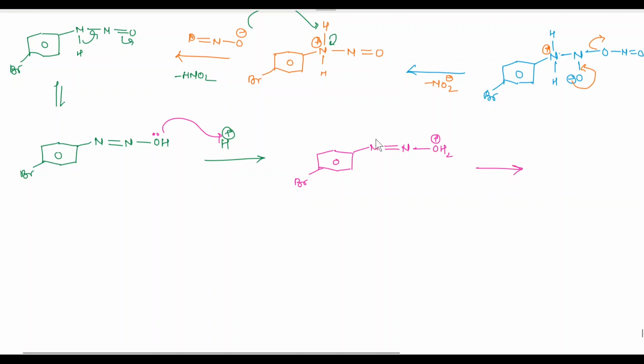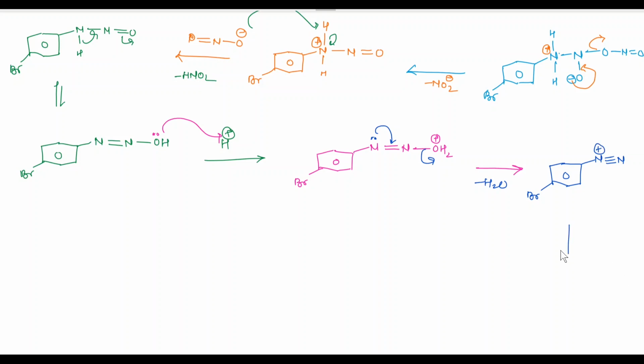In the next step, the lone pair of nitrogen acts as a driving force and loss of a water molecule takes place, and we get nitrogen triple bond, nitrogen carries a positive charge, that is the diazonium salt.